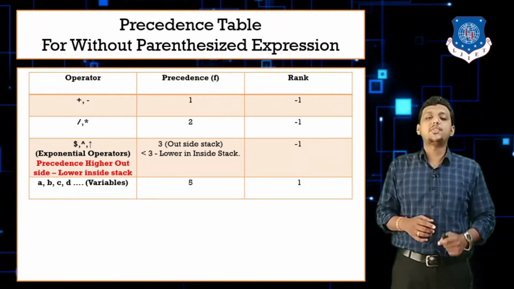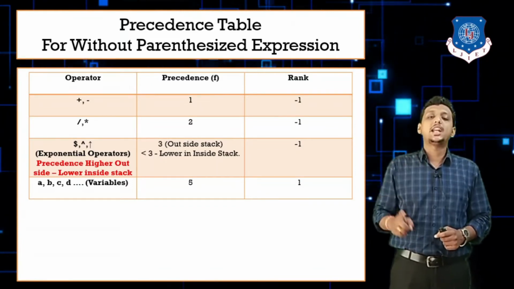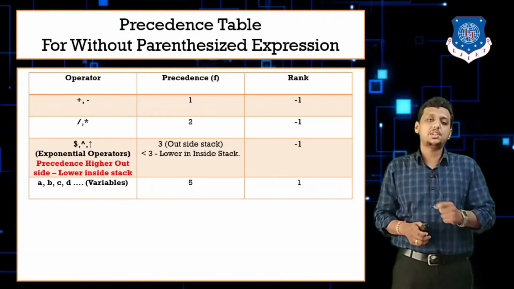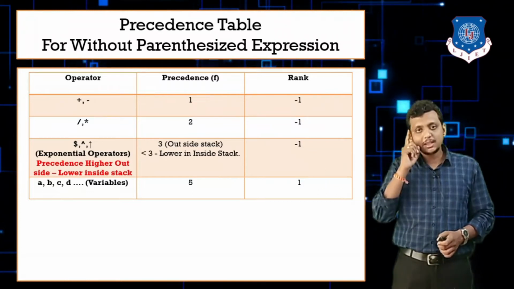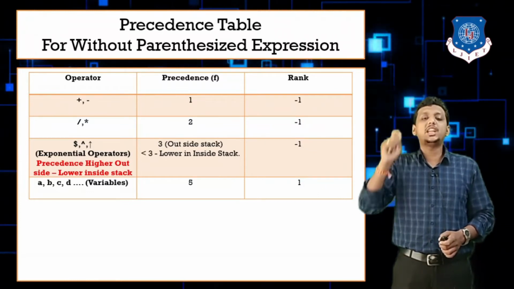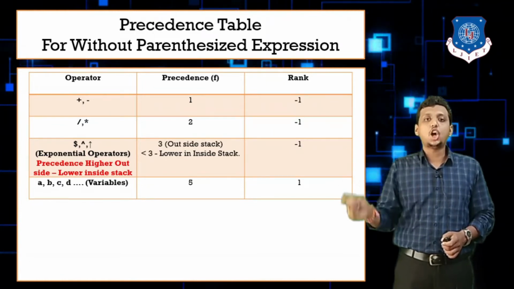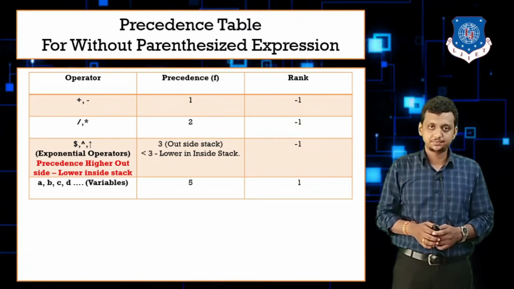So always remember, among the operators like division, star, dollar, arrow, caret, plus, minus, the operators with the highest precedence are dollar, arrow, caret. In each and every expression, these have the highest precedence ever.